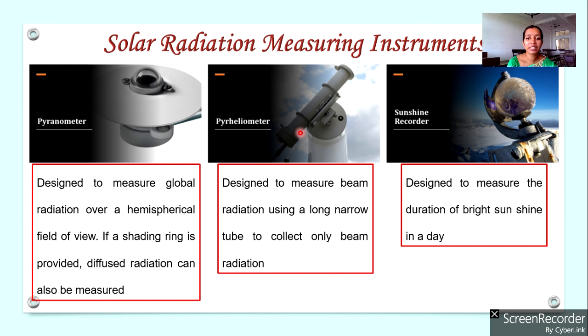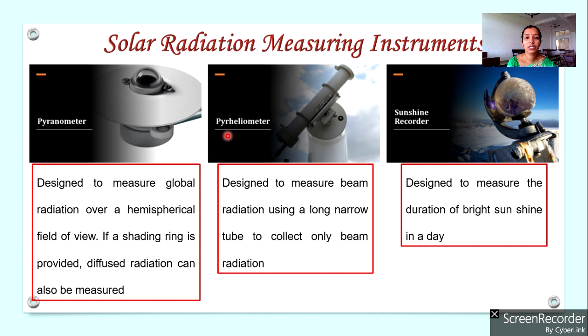The pyrheliometer consists of a tube which is aligned in the direction of the sun's rays. So this can be used for measuring the direct or beam radiation. And another one is the sunshine recorder. Unlike the pyranometer and pyrheliometer, a sunshine recorder is used for measuring the duration of bright sunshine in a day.